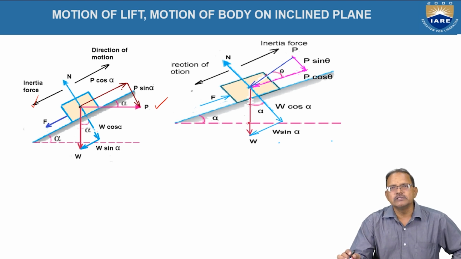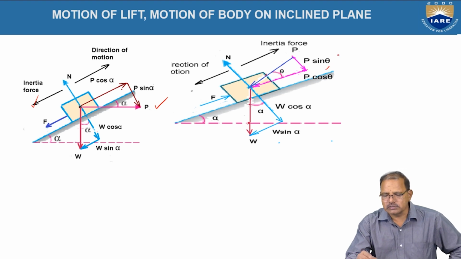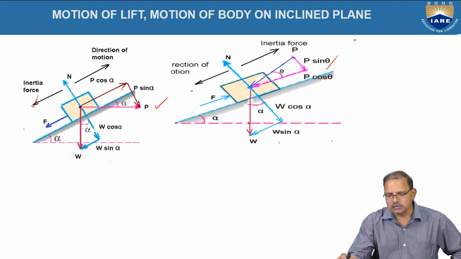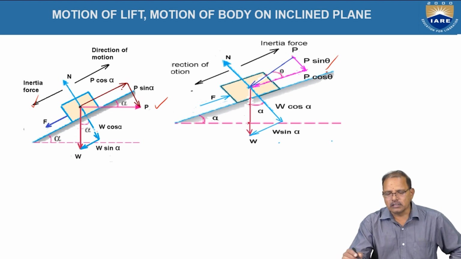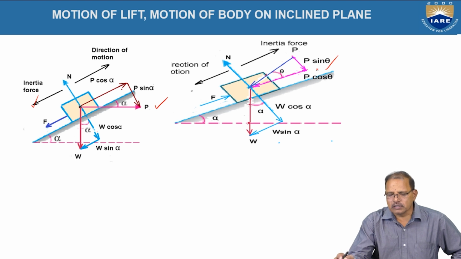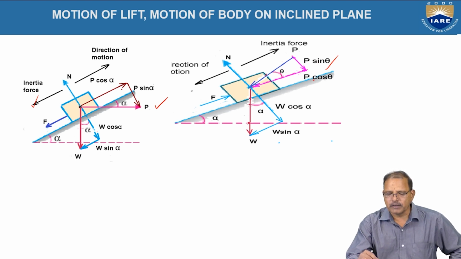Here the applied force makes an inclination of alpha in the downward direction with the horizontal. When the applied force makes an inclination theta with the plane surface, P is again resolved into two components, P sin theta and P cos theta, and W into W cos theta and W sin theta.